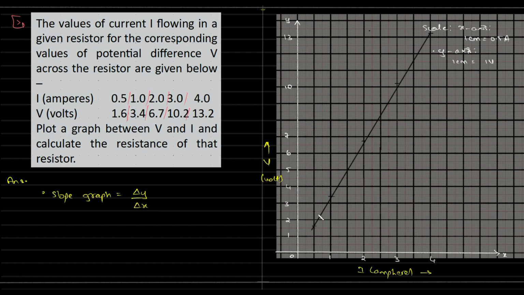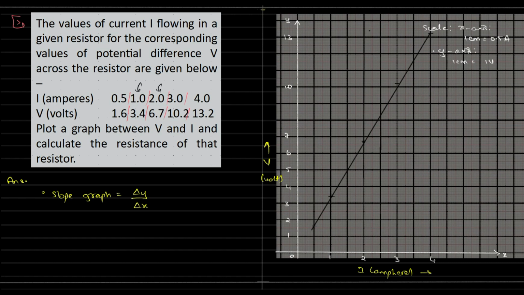If you take the convenience of either the numerator or the denominator, it's better to take the convenience of the denominator, that is the x-axis. So we pick values of x-axis which are easy to calculate, 1 and 2. So when it's 1 and 2, we have this particular point and this particular point.